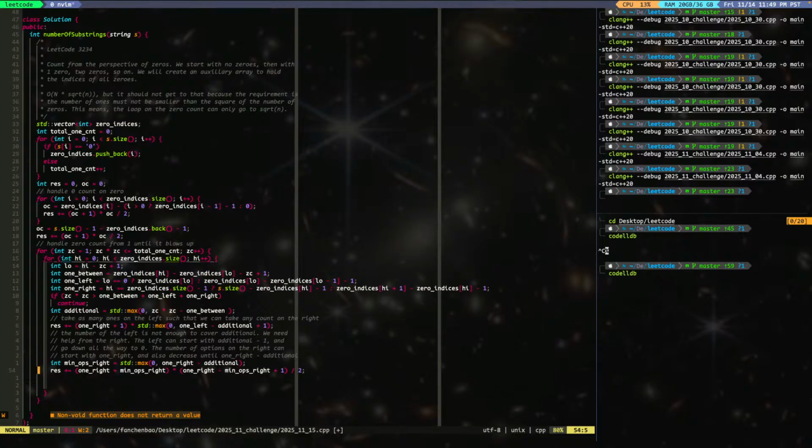I am not sure if it's right, honestly. I am not. Because I'm saying, so if 1 left minus addition plus 1 is good, so I can go all the way to 1 right.